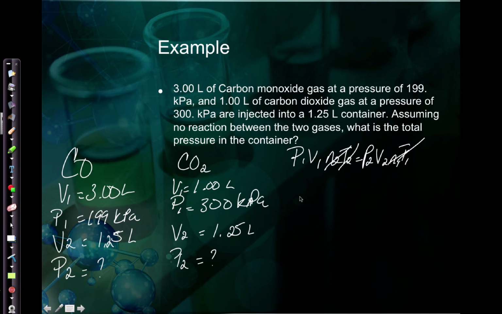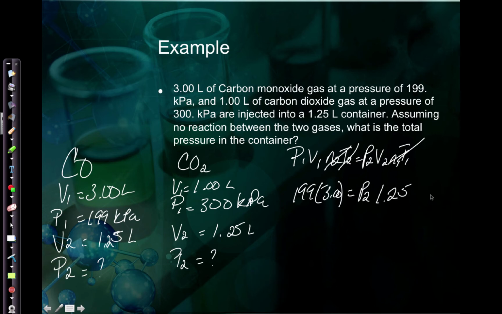So P1 is 199 here, V1 is 3, and that's equal to the P2, which is unknown, times V2, which we do know, which is 1.25.